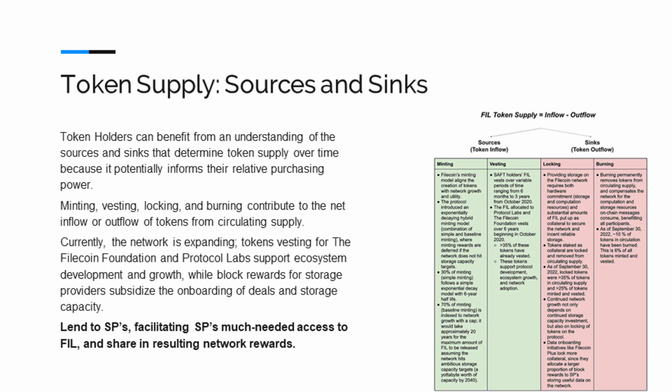This presents a tremendous opportunity for token holders to participate in the growth of the ecosystem, since they can lend to SPs, facilitating SPs' much-needed access to FIL and sharing in resulting network rewards. In this way, token holders can index themselves to token emission, while also supporting network growth and advancing Filecoin's vision.